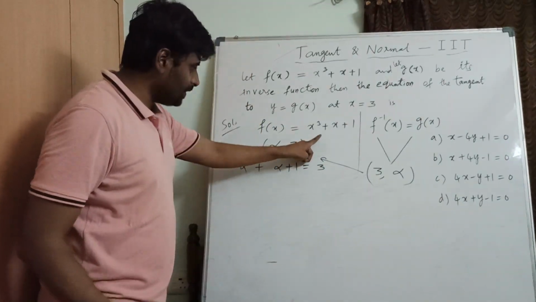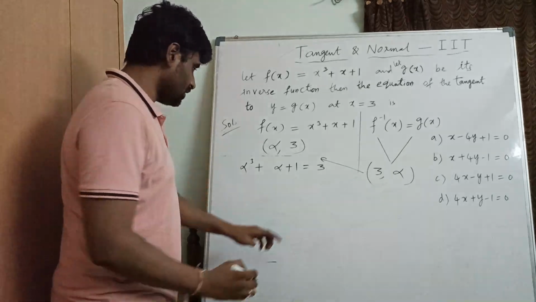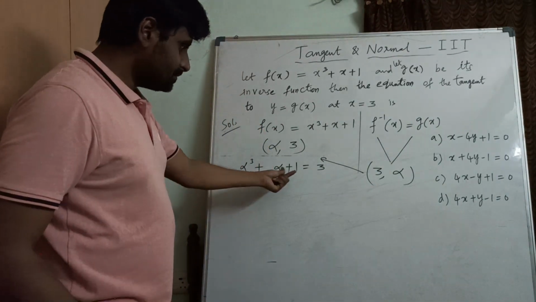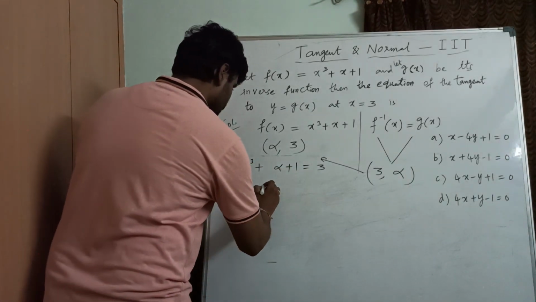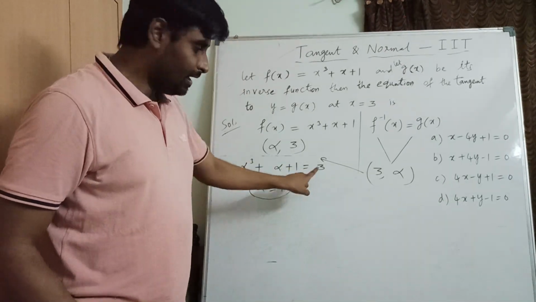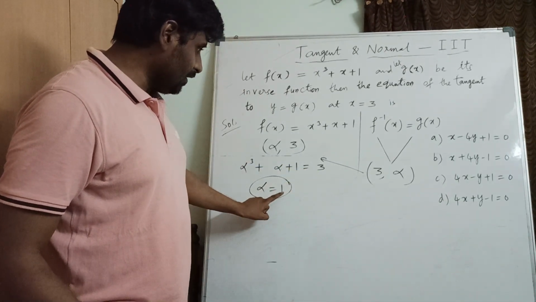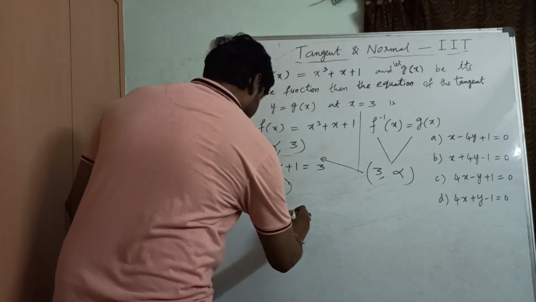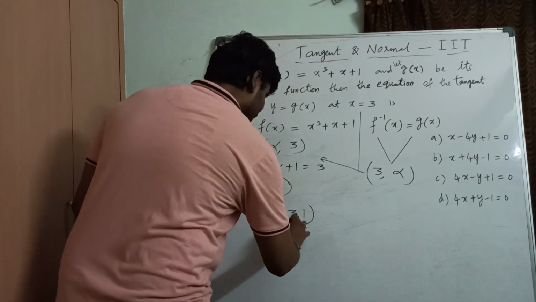When I substitute alpha, the result must be 3. So what is the value of alpha if you observe here? Alpha is 1, correct or not? Alpha is 1, because 1 plus 1 plus 1 is 3. When I substitute the value back, the point will be 3 comma 1, correct?